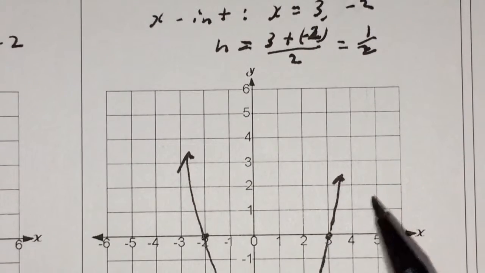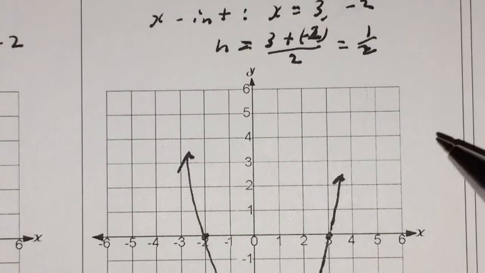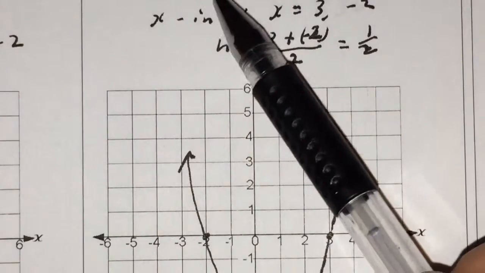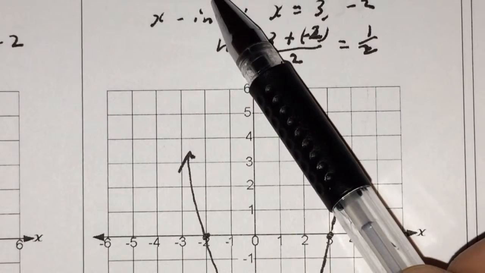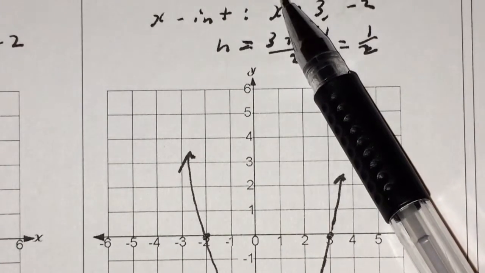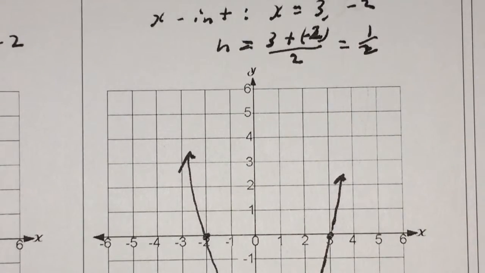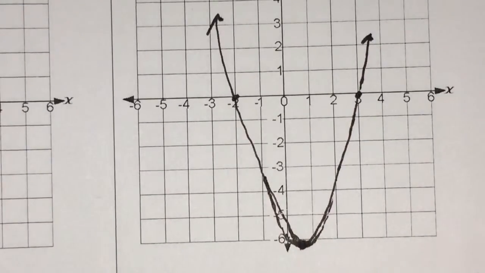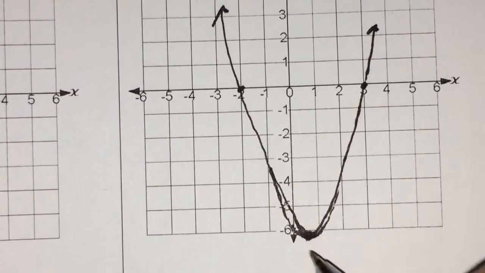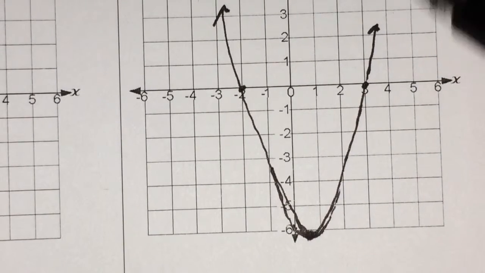And the y-intercept is when x equals 0. So when x equals 0, you get negative 3 times 2, which is negative 6. I made a little bit of a mistake here, so it's supposed to go through negative 6 on the graph here.